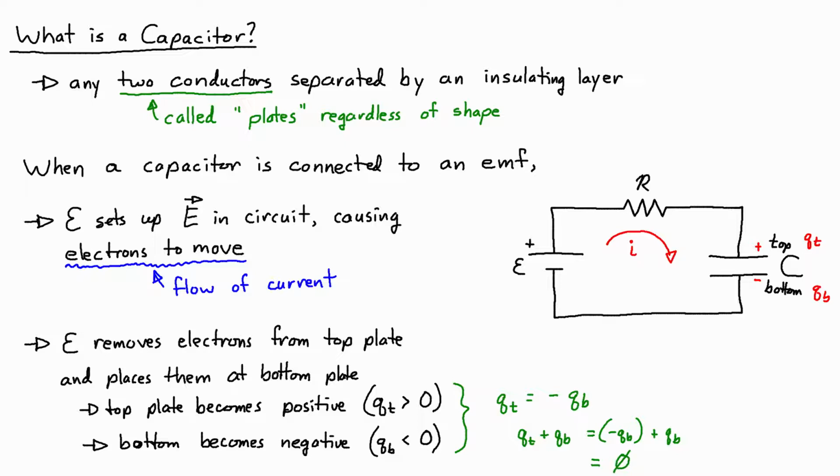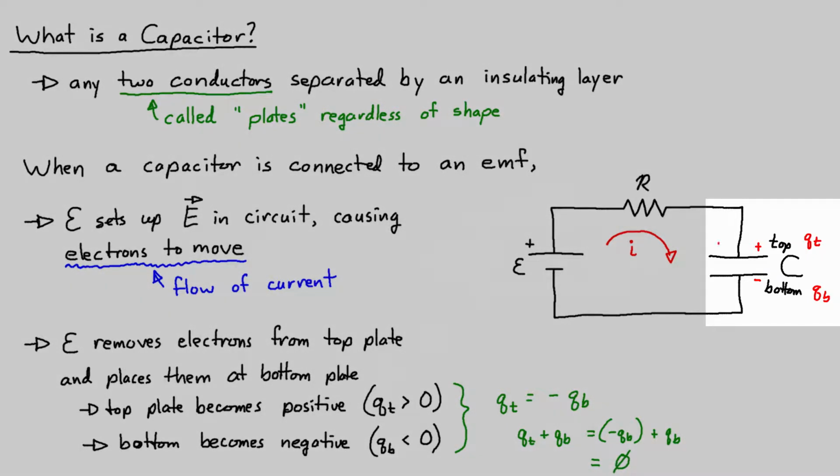And the process will continue. The EMF will continue to remove electrons from the top and deposit them at the bottom. And it will always have the same number of electrons removed from the top as deposited at the bottom. But then what happens is that charge builds up in this case on the top plate, and charge builds up on the bottom plate. And again, those charges are equal and opposite.